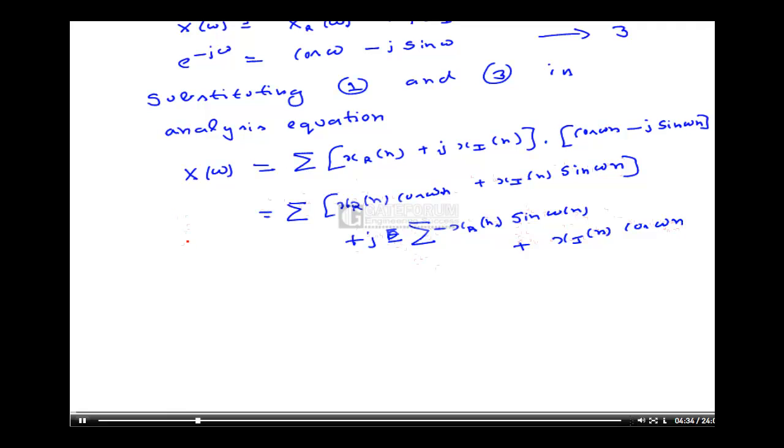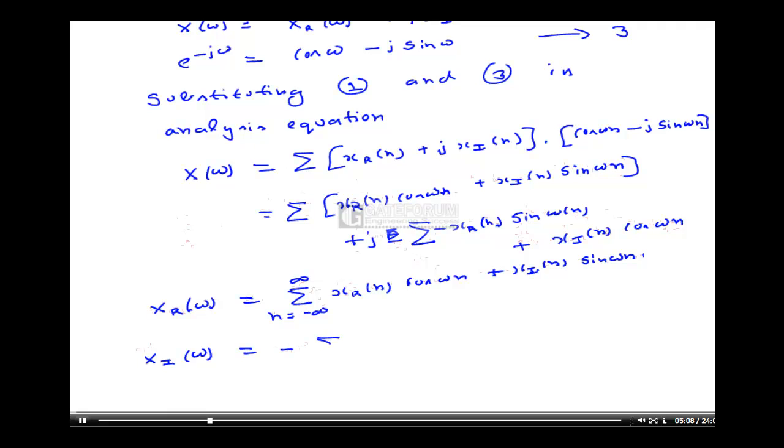So X(omega), if I separate the real part and imaginary part, I can write the real part of capital X(omega) is equal to the summation n tending to minus infinity to infinity of x_r[n] cos omega n plus x_i[n] sin omega n, and the imaginary part will be minus the summation n tending to minus infinity to infinity of x_r[n] sin omega n minus x_i[n] cos omega n.